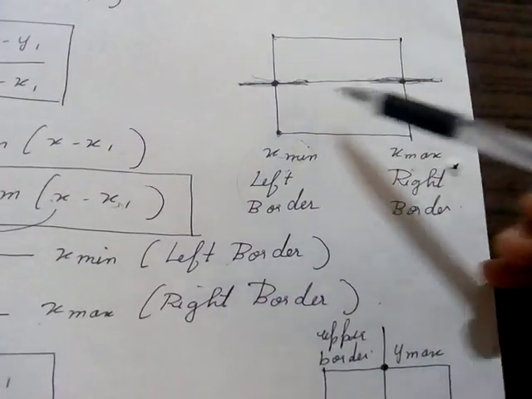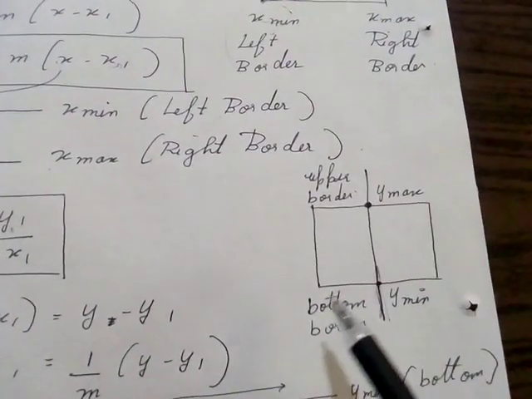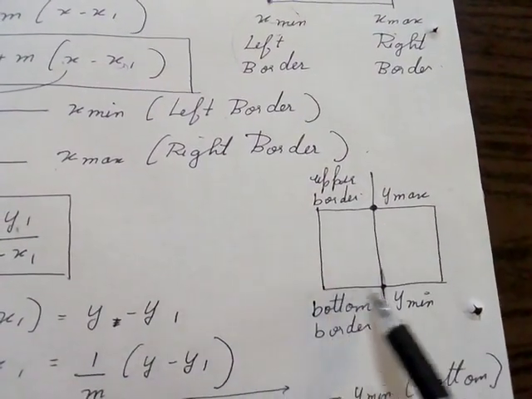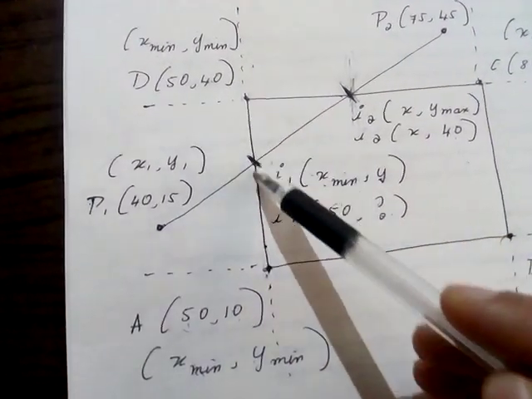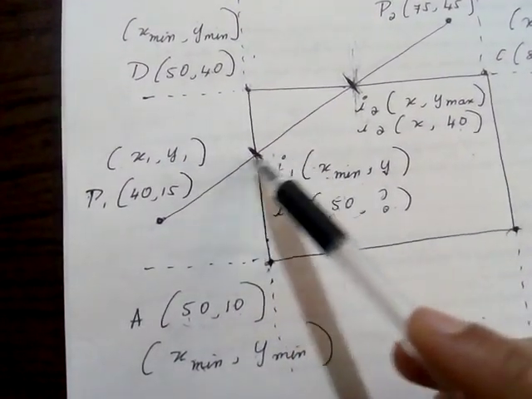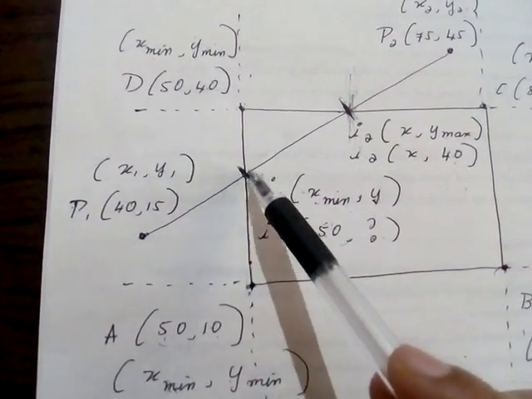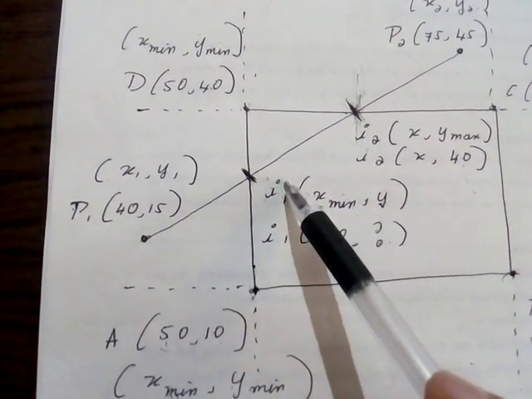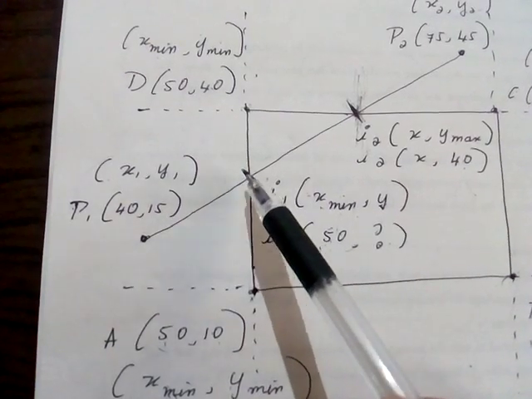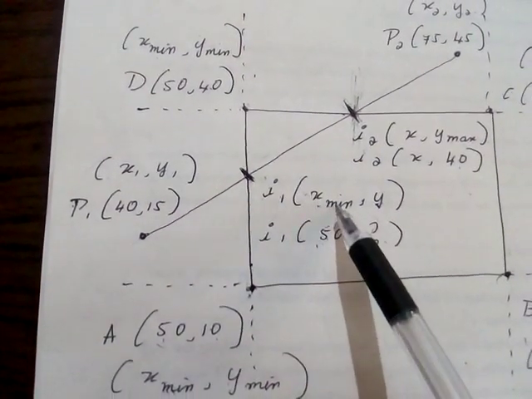Hope you all remember this diagram: left border, right border, upper border and bottom border. Here the line is crossing the left border. If the line is crossing the left border, we know that we have to take the X value as X minimum.